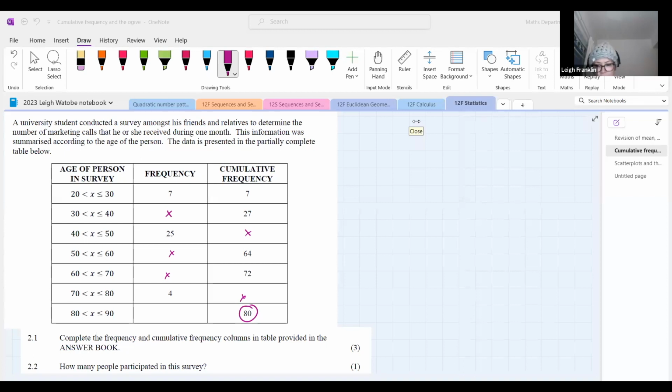I don't think we'll have time now. It's already 10 to 6. What I will try and do, because it does come up, you are supposed to know how to calculate an estimated mean for grouped data. That is something that I can show you, not in the next lesson, but in the lesson after that, and then just remind you how to do that, because it has come up in finals before.